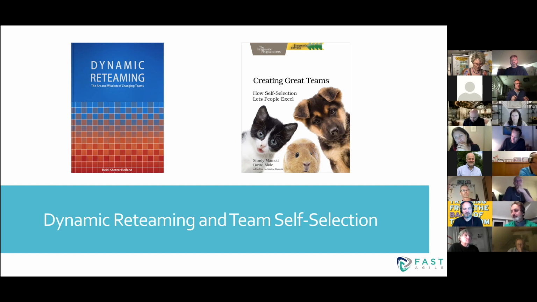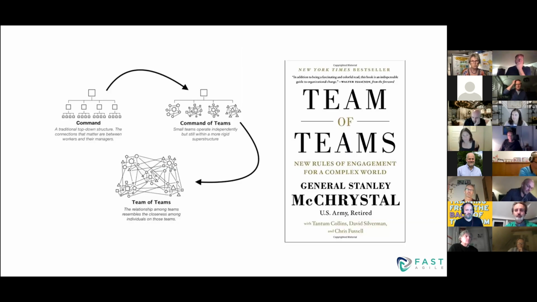We allow emergence and chaos to determine who should be in which team. There are two great books: Creating Great Teams by Sandy Mamoli, on how self-selection lets people excel, and Heidi's book on dynamic reteaming.